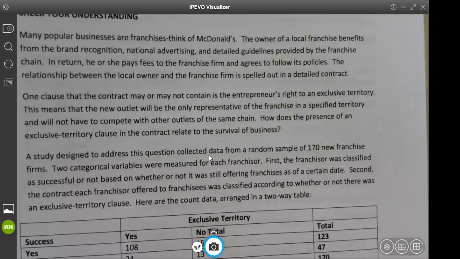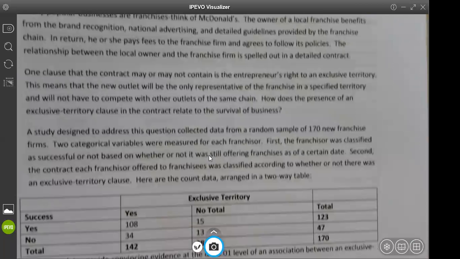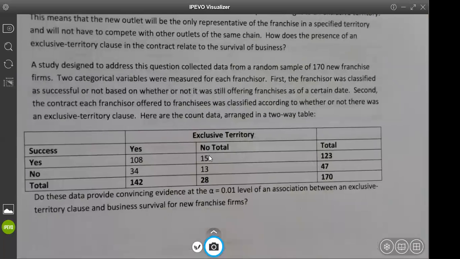How does the presence of an exclusive territory clause in the contract relate to the survival of business? A study designed to address this question collected data from a random sample of 170 new franchise firms. 2 categorical variables were measured for each franchisor. First, the franchisor was classified as successful or not based on whether or not it was still offering franchises at a certain date.